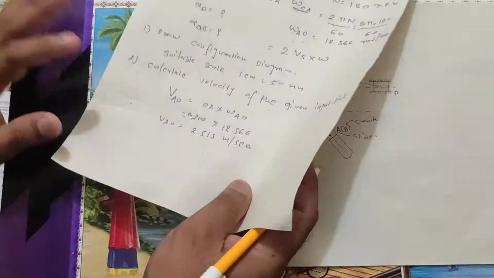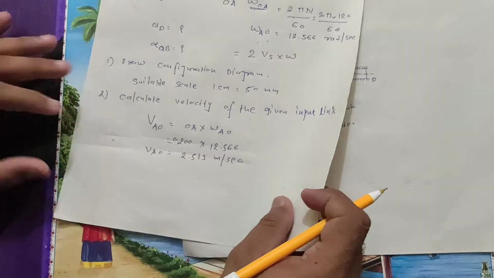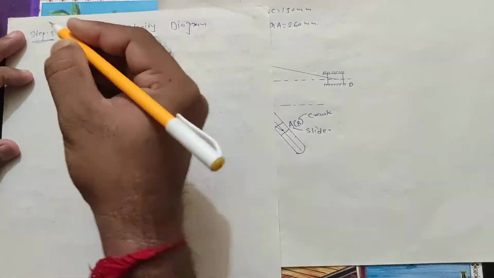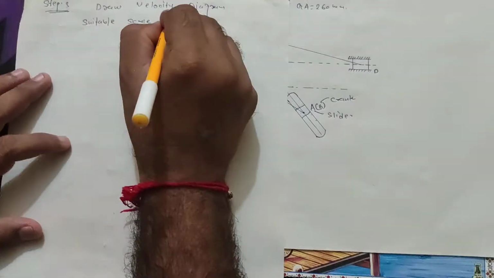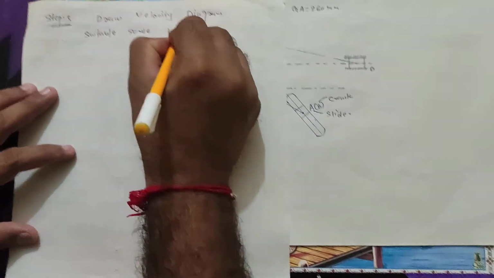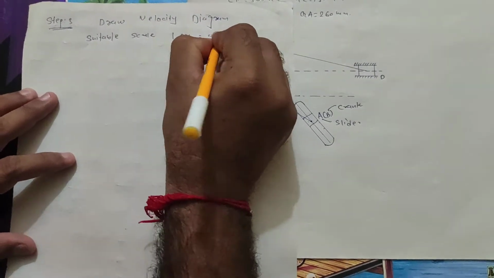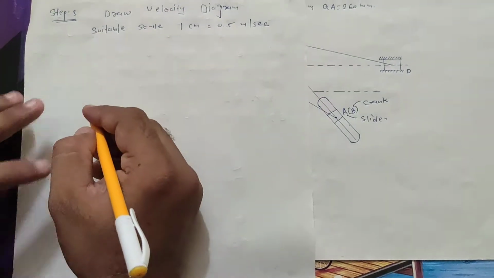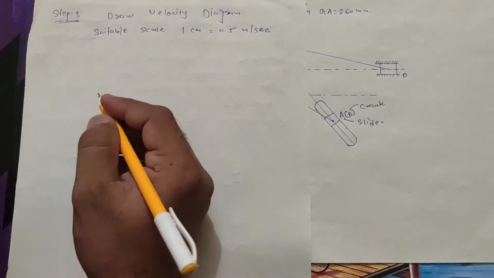From the given velocity, we have to consider a suitable scale: 1 centimeter is equal to 0.5 meter per second. Now we have to draw a velocity diagram.